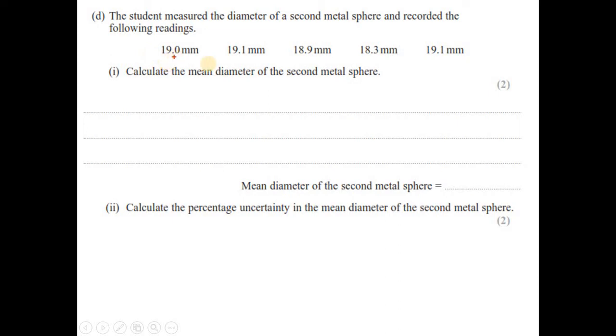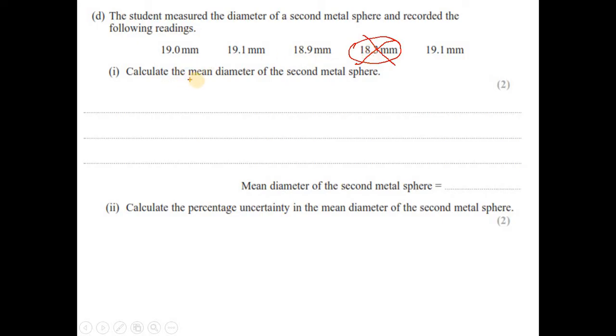So this is 19.0, 19.1, 18.9, 18.3 and 19.1. This 18.3 is quite far from the rest of the values, so you just discard it. This is your anomalous reading. I'm just cutting it to show you. You don't need to cross out this number, but you don't include this reading in your calculation in any step.